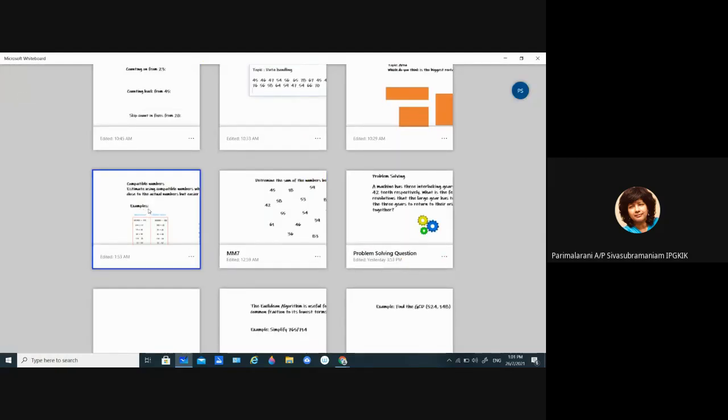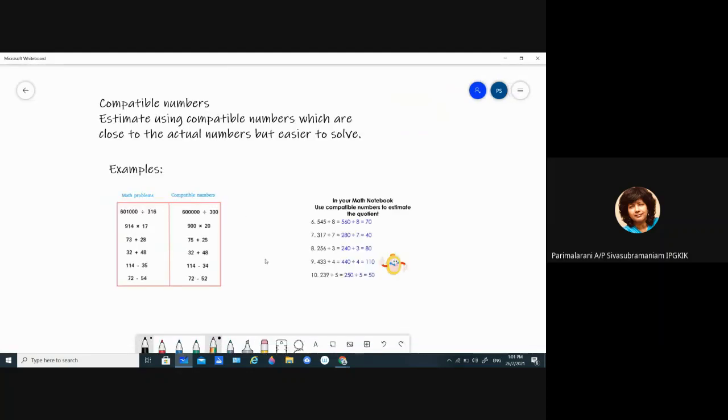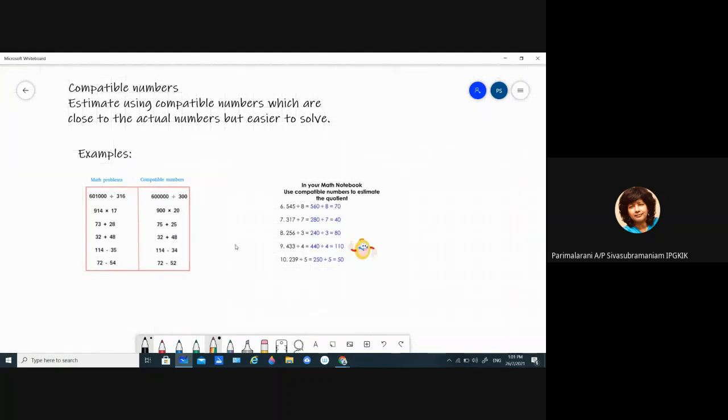And the last strategy, we have 4 strategies for estimation. So the last strategy is compatible numbers. In the compatible numbers strategy, we estimate using compatible numbers which are close to the actual numbers but easier to solve.